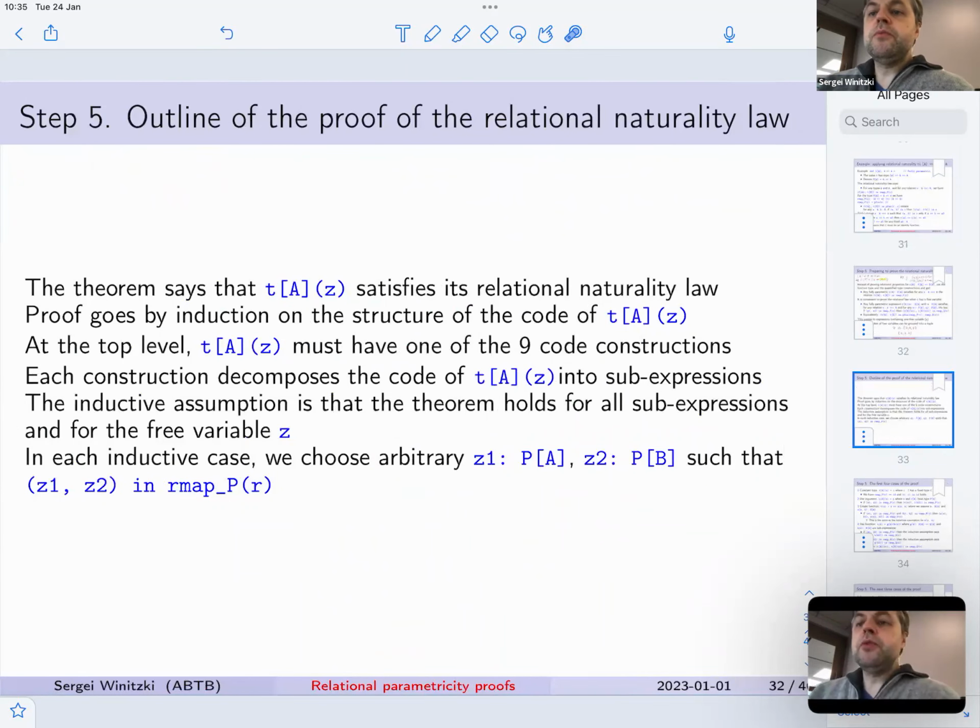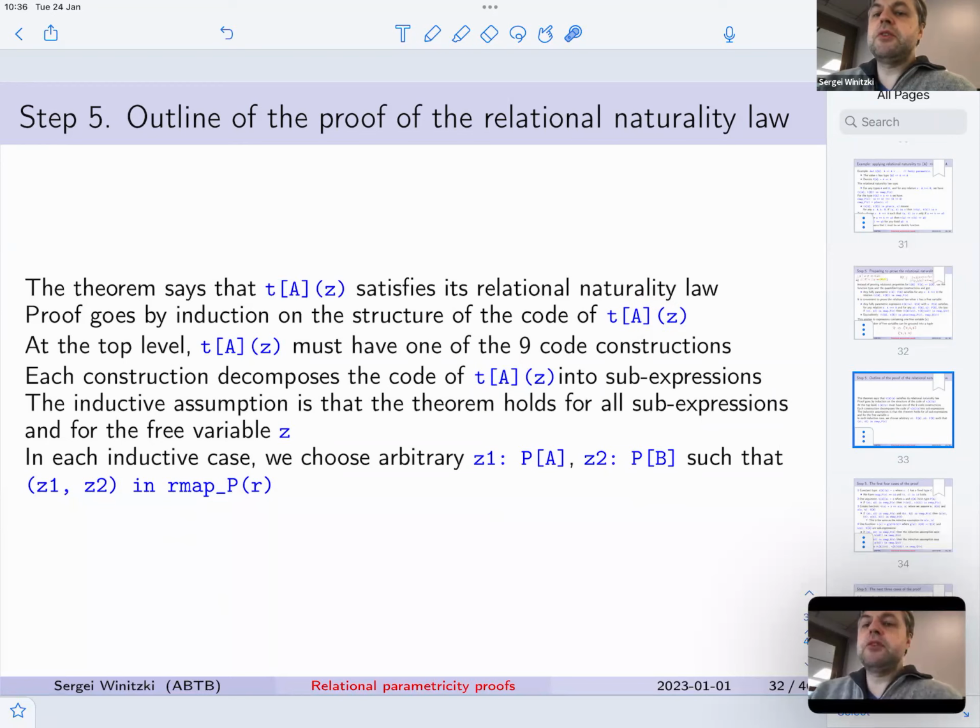So now, what is going to be the proof? We are going to say that we're going by induction on the structure of the code of this expression. At top level, this expression must be built up of one of the 9 code constructions. And each construction will have to decompose this code somehow into one or more sub-expressions.